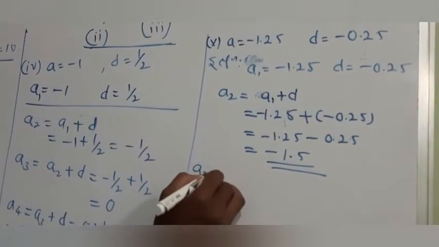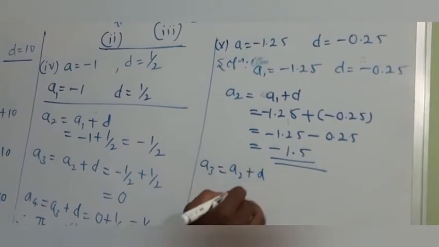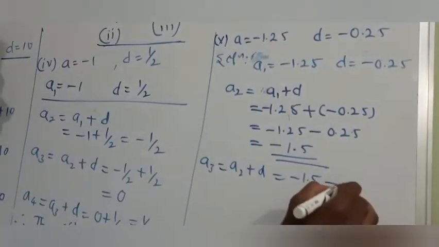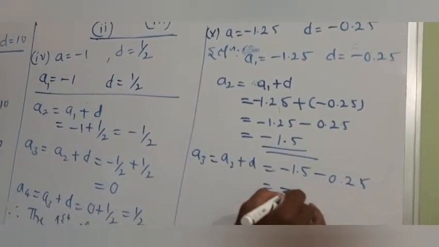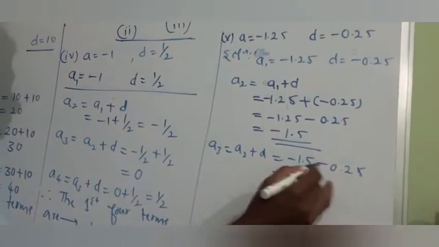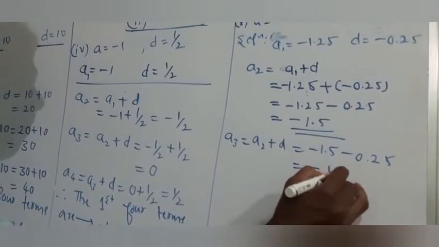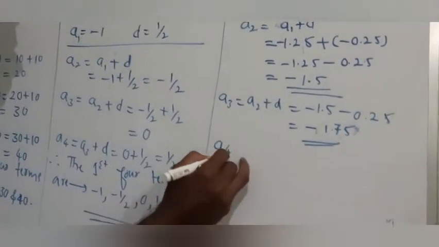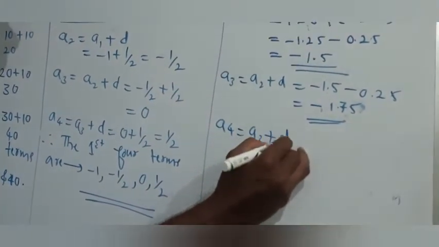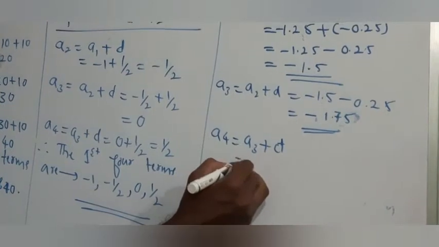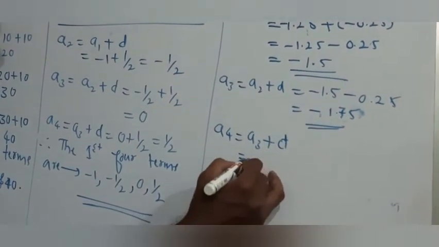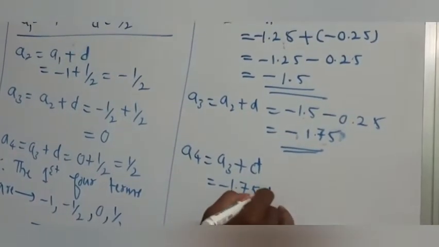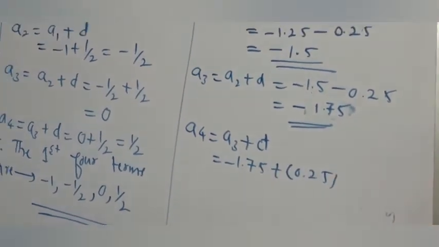So A3 is equal to A2 plus D. What is A2 here? -1.5. What is D here? -0.25. So keep minus and add them, 1.5 plus 0.25 gives 1.75. Then how will I get A4? A3 plus D. What is A3 here? -1.75 plus what is D here? Plus of -0.25, or directly you can take minus 0.25.